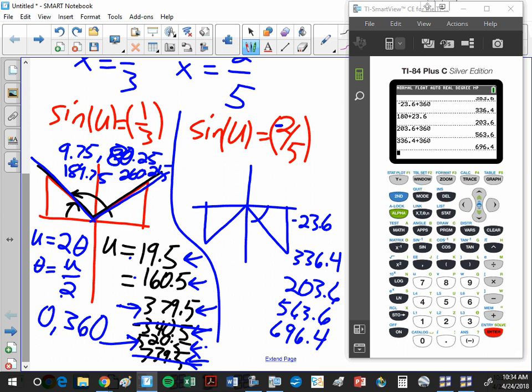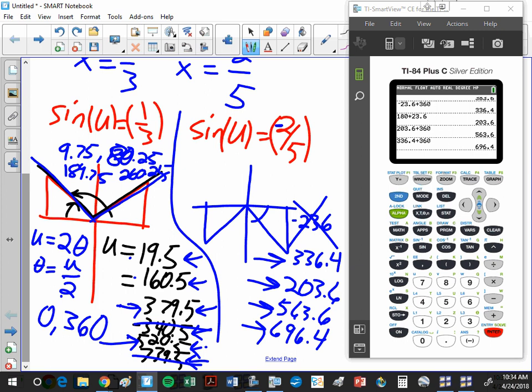Do I need to go any further? Nope, because if I go further, I'll break 2 rotations, and we're going to divide them by 2. So now all of, well, not this one, but all 4 of these cut in half will give me theta.